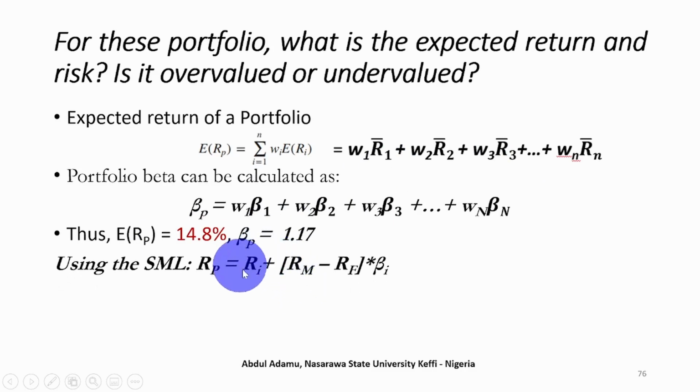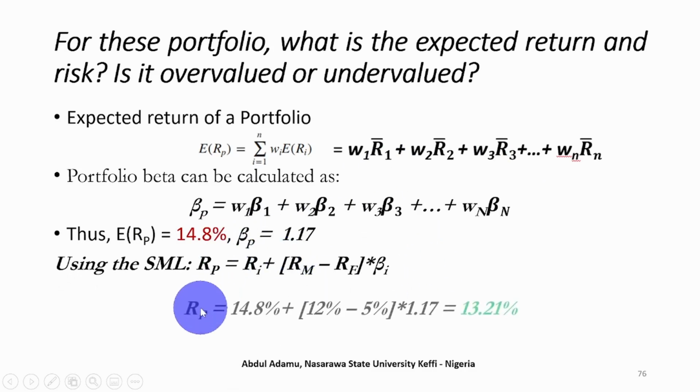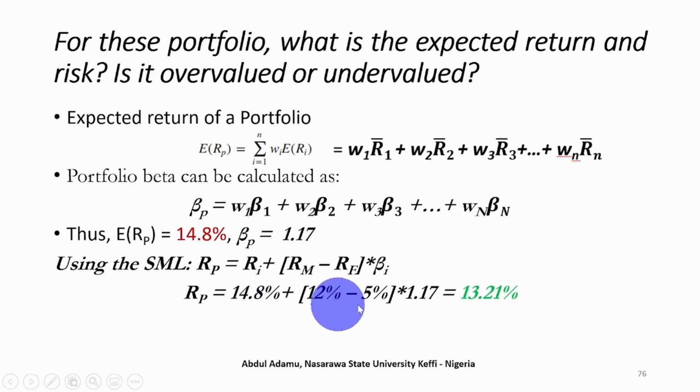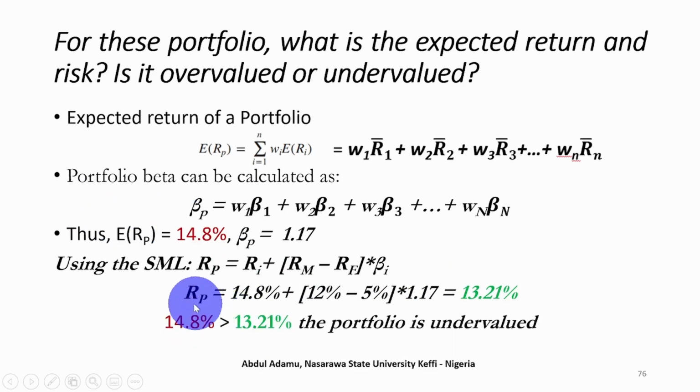So if we use the SML and you plug those values in, we'll have it as 13.21%. So we'll compare this with this. When we compare, we see that this is greater than this. It shows that the portfolio is undervalued. So this is the end of our lecture on security market line.